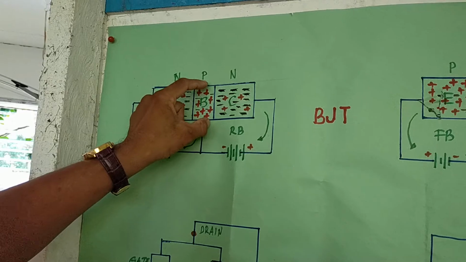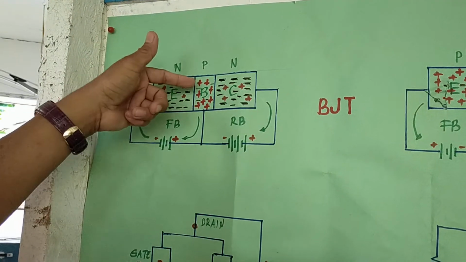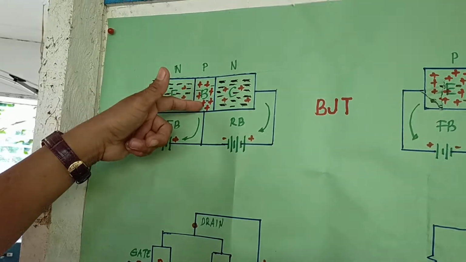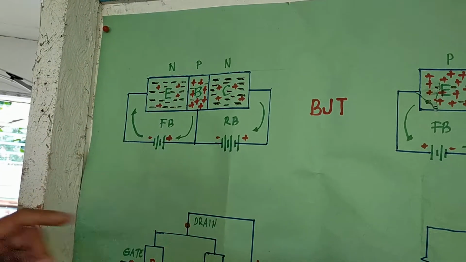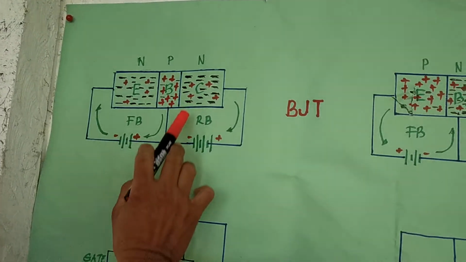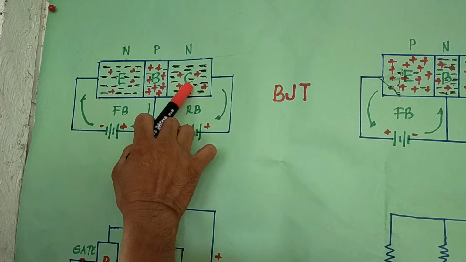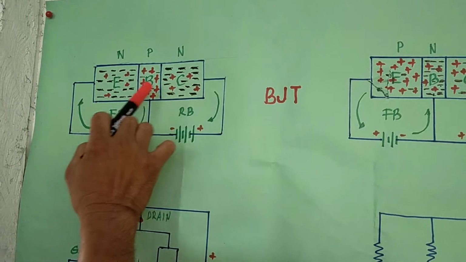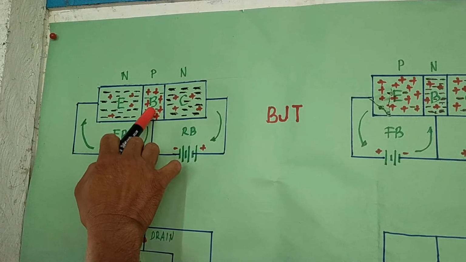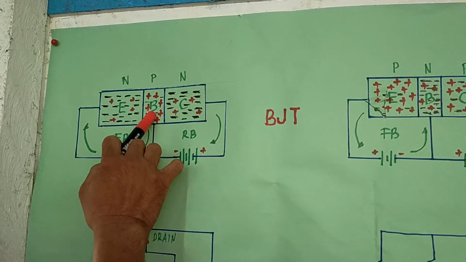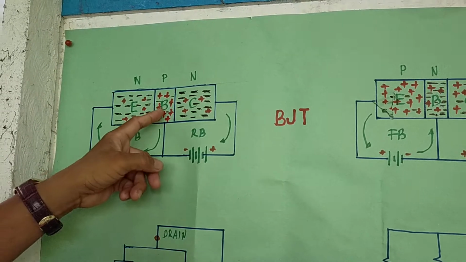But in the positive type here, which is the base, the majority are holes or positive charge, and only a lesser number of electrons. So, again, majority are electrons and minority are holes in the N type. In the P type, majority are holes or positive charge and minority are electrons.